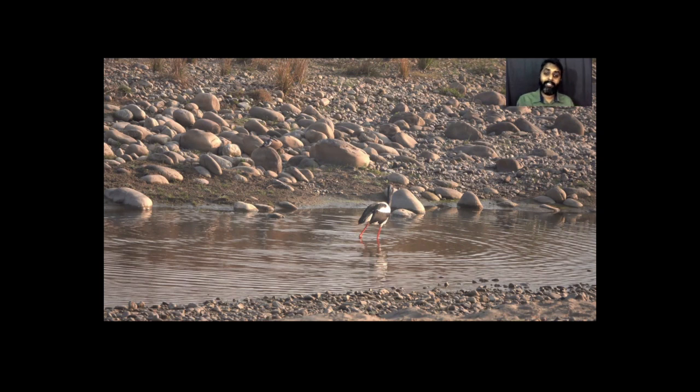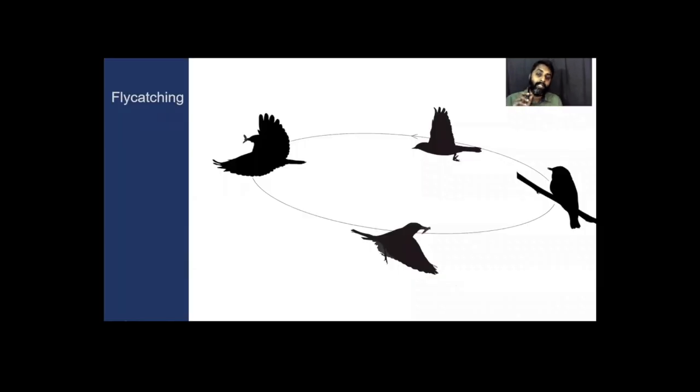So you saw the behavior and its habitat where the stork is found. Other interesting behavior which will help us to identify birds is how they catch their food. You saw how the stork catches its food.